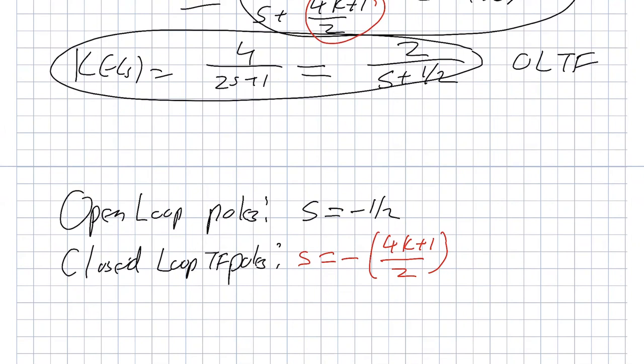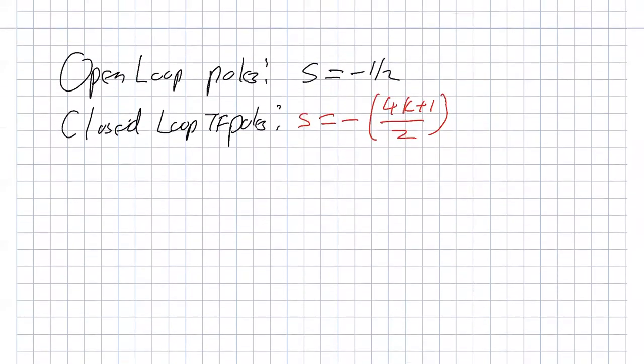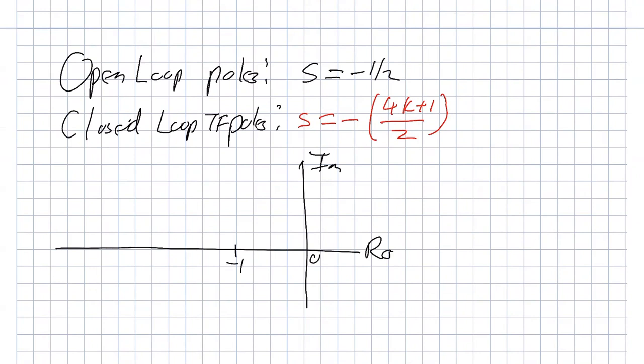Okay, so with our locus, we start with our open loop system. This is just our complex plane here, right? So I've got imaginary, I've got real, I've got 0, 1, 2, 3, minus 1, minus 2, minus 3, okay?